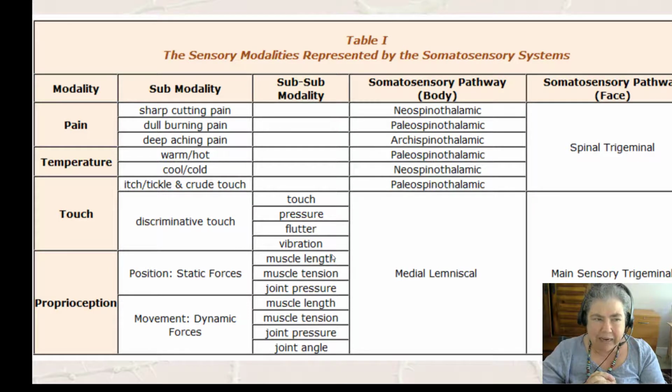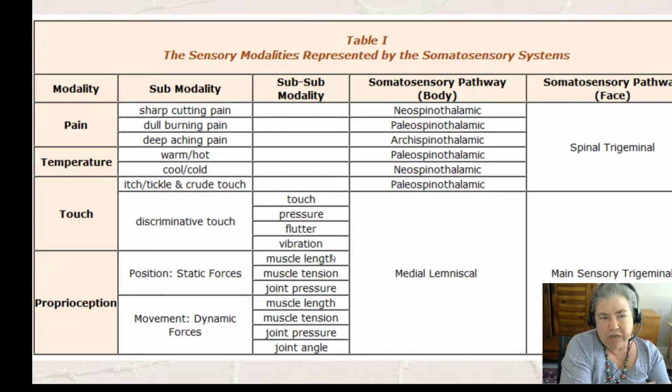transmitted through different pathways. Temperature has different pathways for warm and for cold, or for hot and for cold. And then crude touch, which is also just touch, and tickle and itch, they are transmitted through a somatosensory pathway.